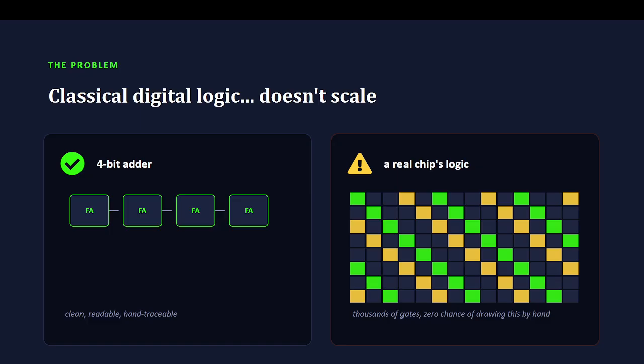This is basically the difference between writing a text to your friend versus handwriting every page of a 500-page novel. Completely different scale, and once you hit that scale, drawing schematics just stops being an option.